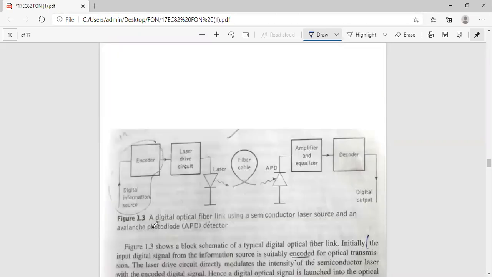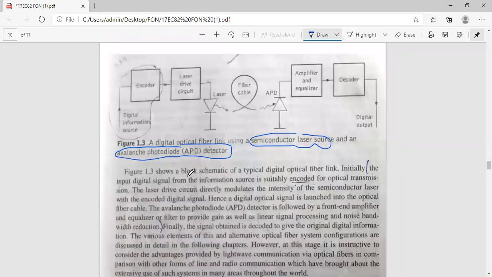As an example, there is one optical fiber link given here, wherein the optical source used is a laser, a semiconductor laser source, and the detector used is an avalanche photodiode, APD. Okay, the figure shows the block diagram.